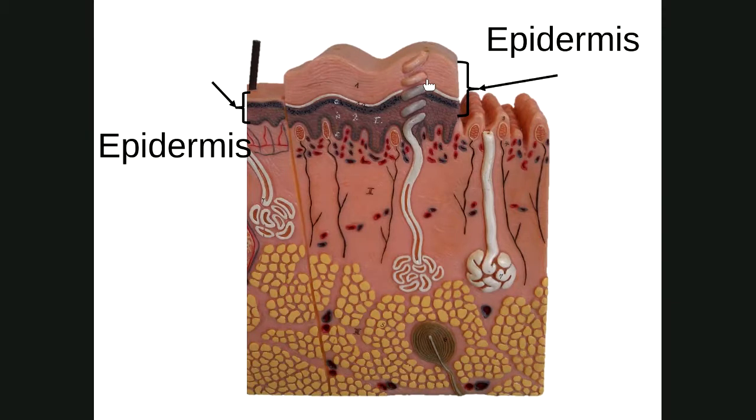But if you notice here in thick skin, we don't see any hair. This is a hair. When it's above the skin like that, that's just the hair. So we don't see that in the thick skin. You do have a sweat gland here with the sweat duct, but we don't have any hair or sebaceous glands. Keep that in mind.